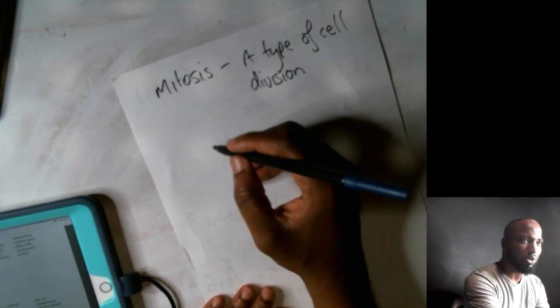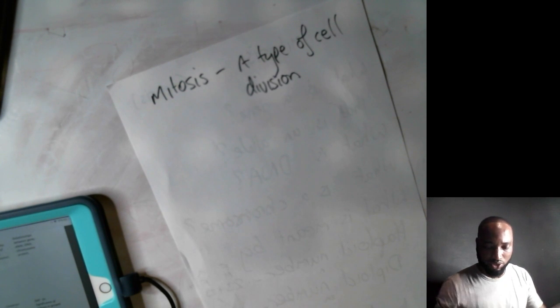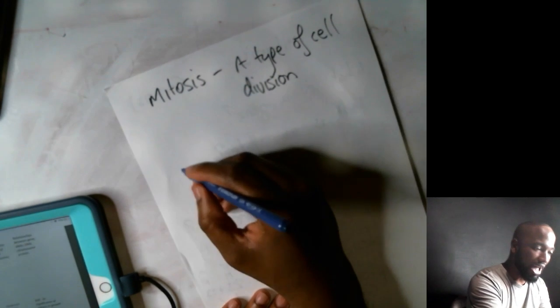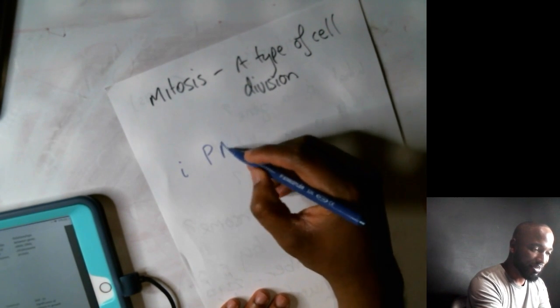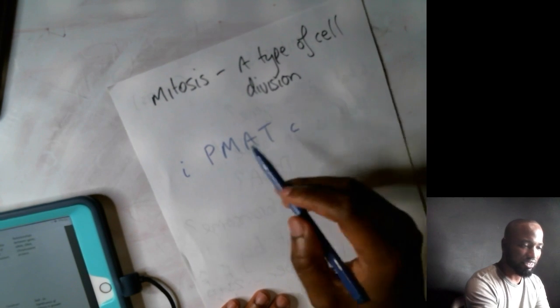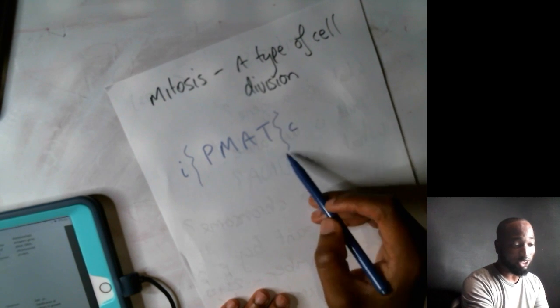I think we're ready to go into what happens in mitosis. Let me double check. So, teaching the population the correct thing right through. The thing that I remember from a long time ago is PMAT. PMAT was the term we used. And this is how I remember it: I, P, mat, and then here you have C. I just put in those two things to show you what I used to remember it.